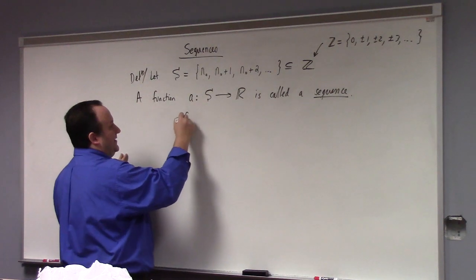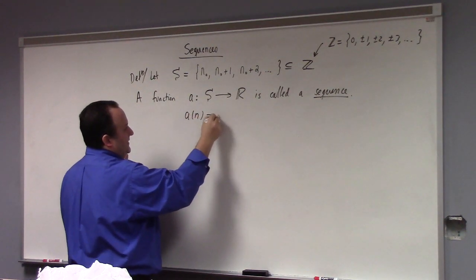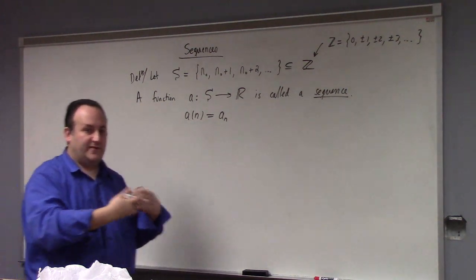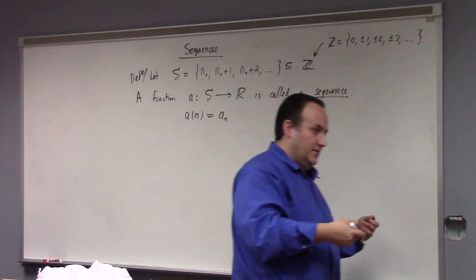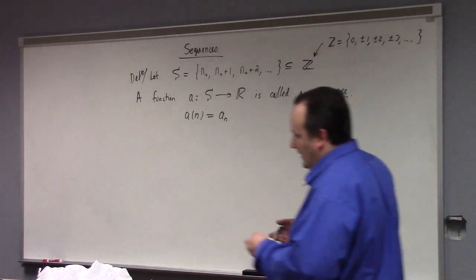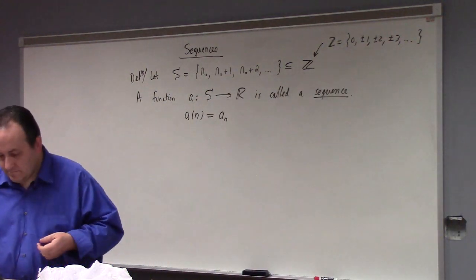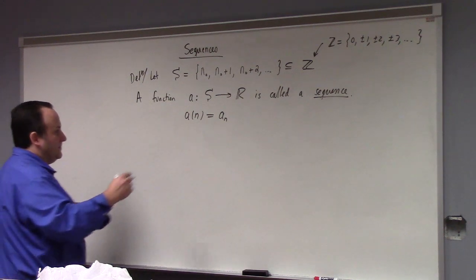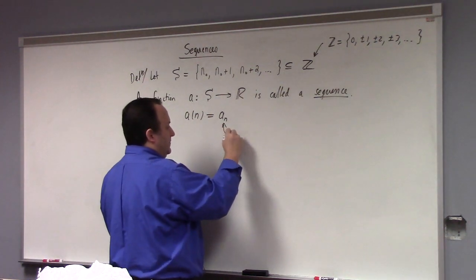We typically write A of n equal to A sub n. Our typical function notation is A of n, like f of x. But for our purposes here, it's more convenient to use a subscript for the argument. So we write A sub n instead, and we refer to A sub n as the nth term in the sequence. This is the nth term.